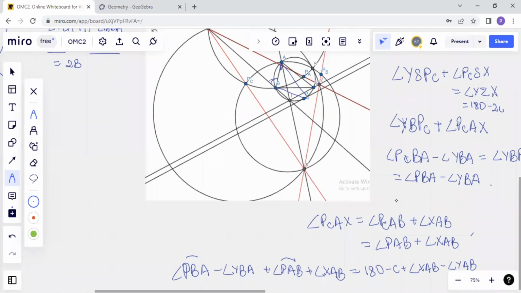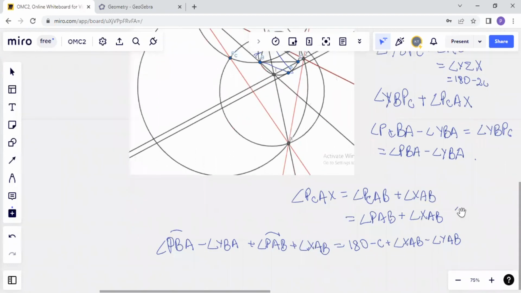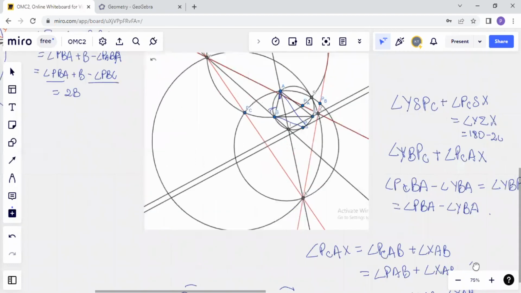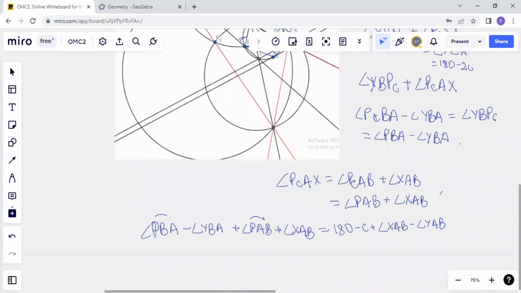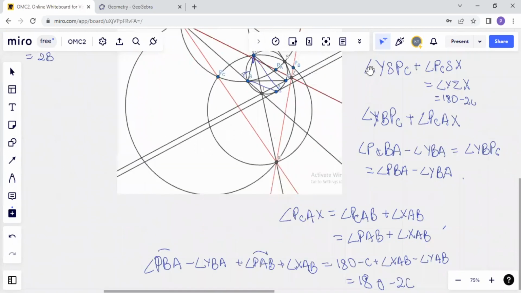The difference is just angle AIB, or the negative of AIB. Now, as I lies on the circumcircle, AIB is angle C only. So this is also equal to 180 minus 2C. Awesome. We finally have that S also lies on the circumcircle of XYZ, and we are sure that S is the desired point of tangency.